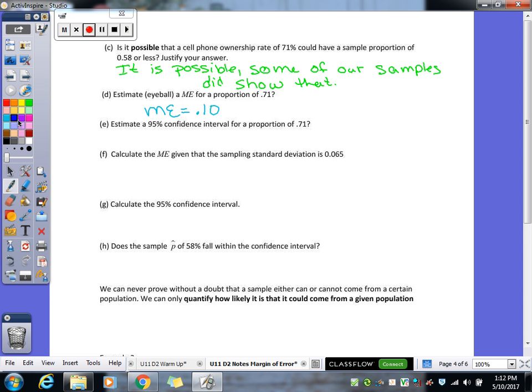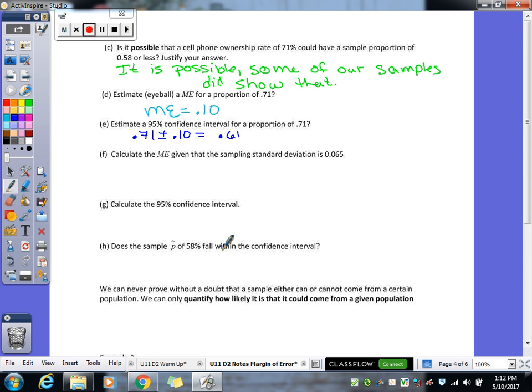Then they want us to estimate a 95% confidence interval for that. So I'm going to do 0.71 plus or minus my margin of error, which was 0.10. So 0.71 minus 0.10 gives us 0.61.